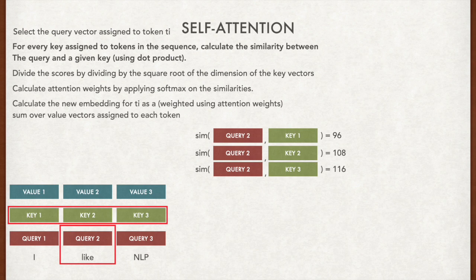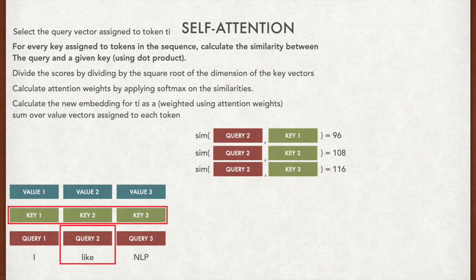We see that the similarity between our query and key 1 is equal to 96. The similarity between our query and key 2 is 108. And the similarity between our query and the key 3 is equal to 116.